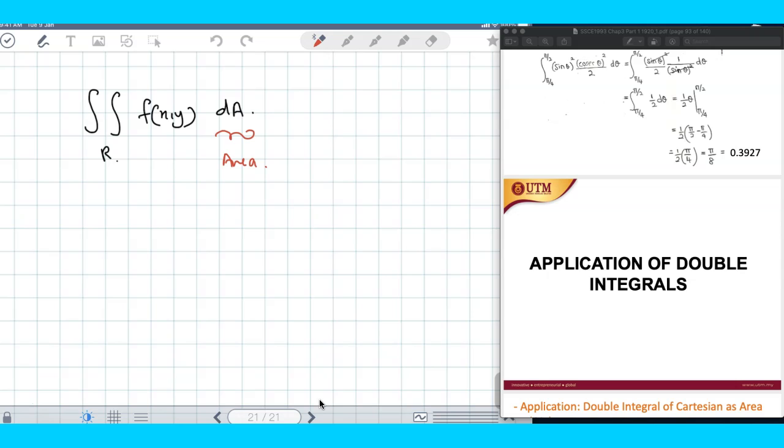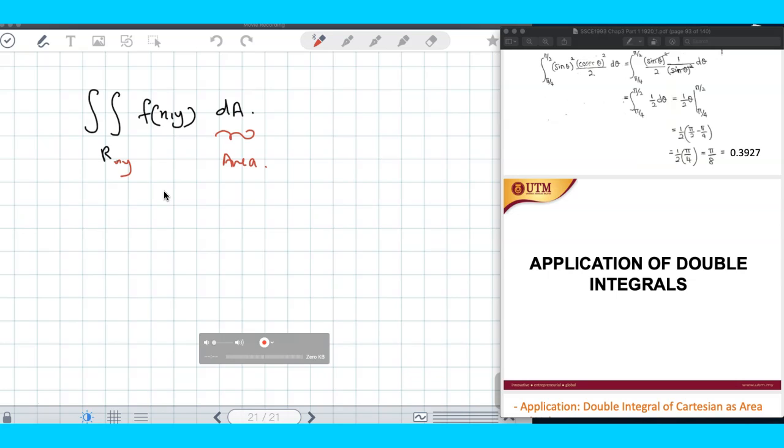Area of the region on the xy plane that we have. Now I'm assuming that you know how to deal with the double integral in Cartesian and also in polar, where you have r and theta.